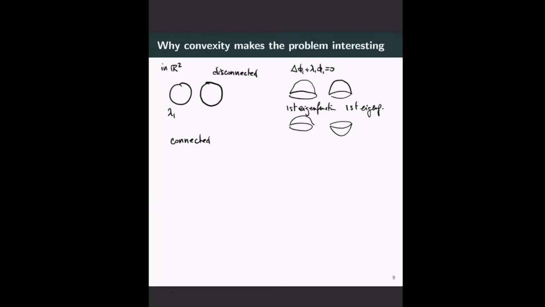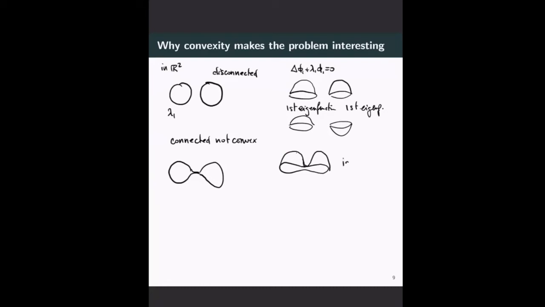If it's connected but not convex, but there's a very thin neck between the two, then the first eigenfunction is still going to look like this, a perspective view of my domain. The second eigenfunction is going to be very close to it. Here in the neck, it goes down to 0, and it does that.